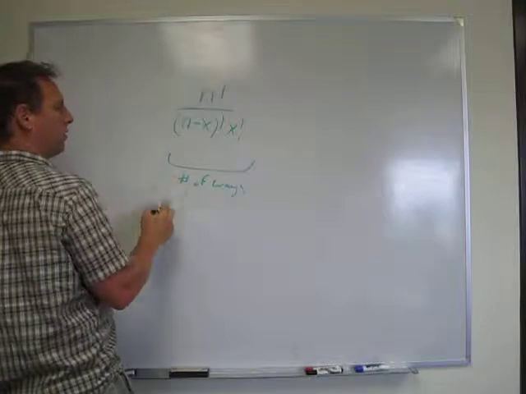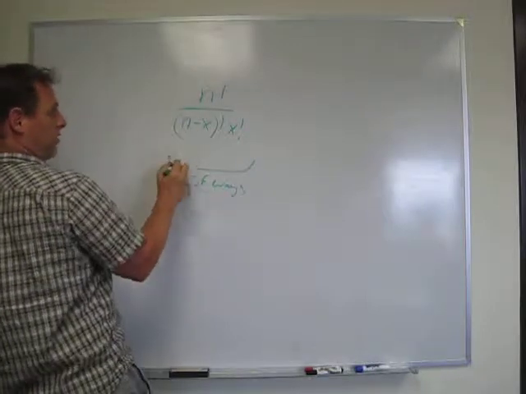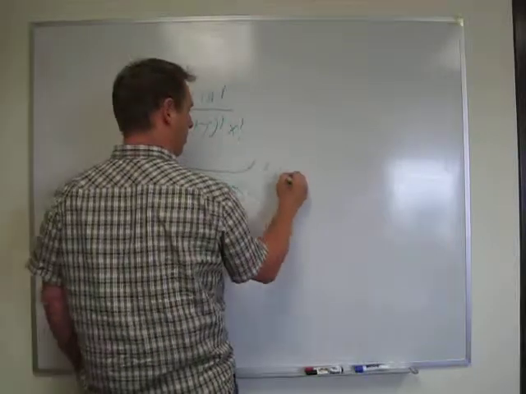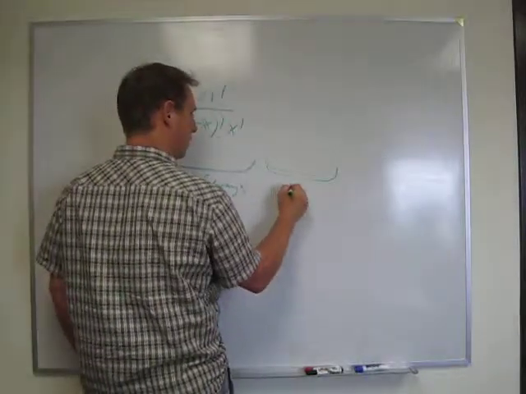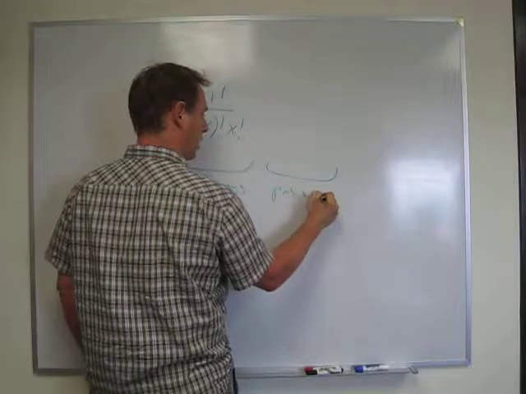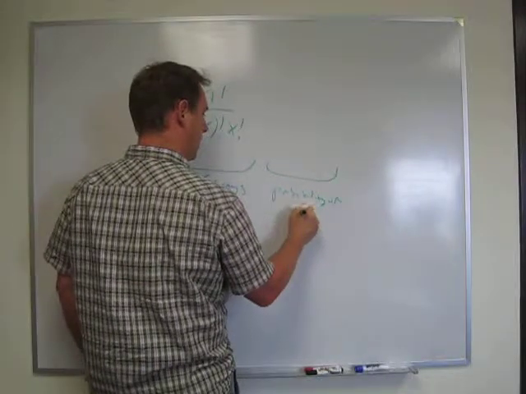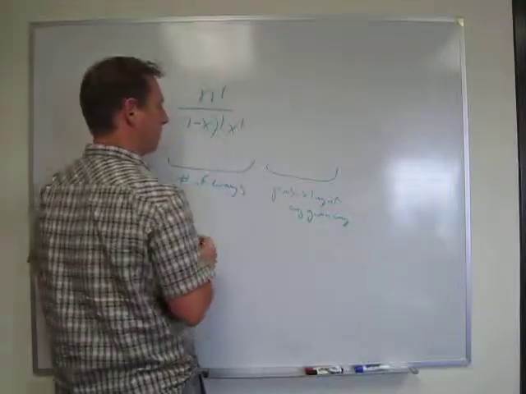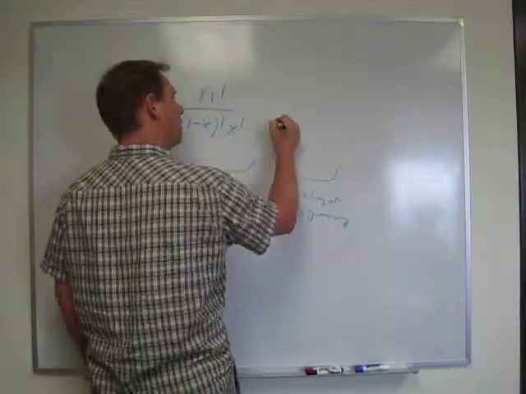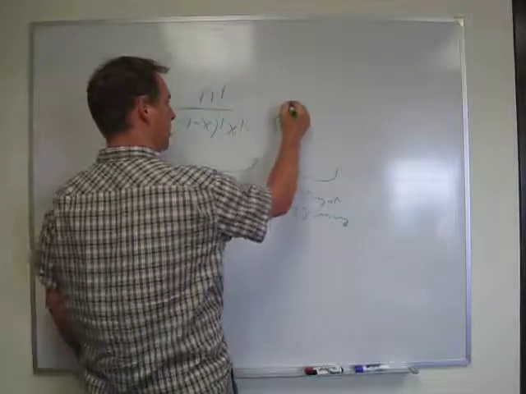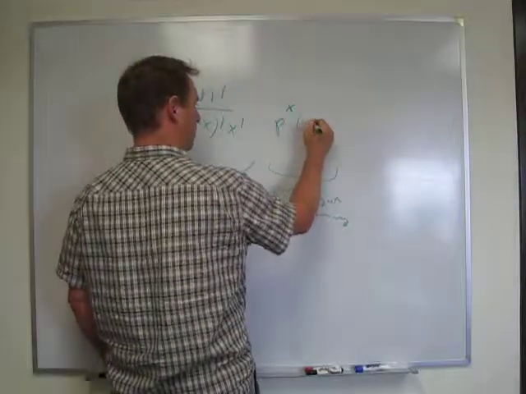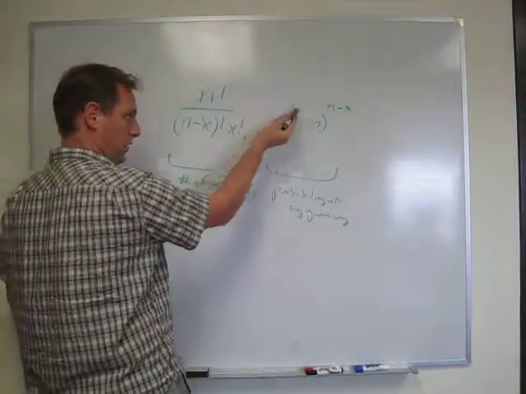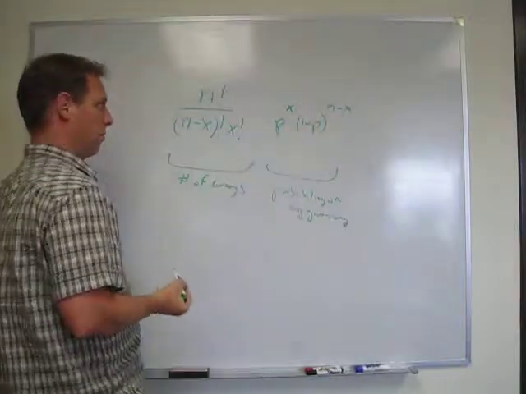So number of trials minus the successes factorial, number of successes factorial, and then this is the probability of any given way. In this particular case with boys and girls, p to the x times (1 minus p) to the n minus x. Okay, so if there's 3 girls, then there have to be 7 minus 3, 4 boys, of course.